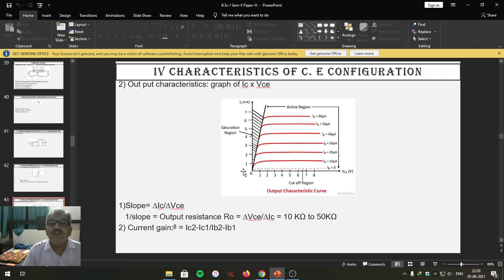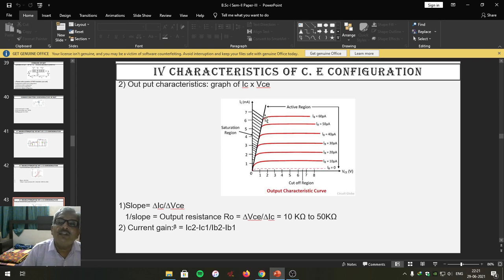That's why we call BJT a current controlled device. It can be operated in the active region when it acts as an amplifier. This is the region. It is operated in the cutoff region or in the saturation region when it acts as a switch.